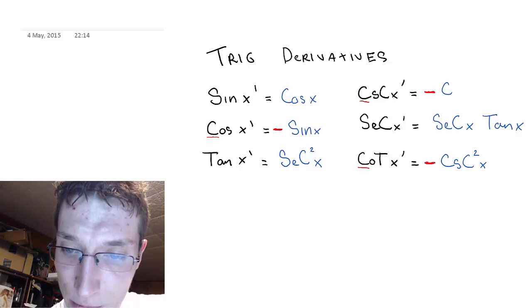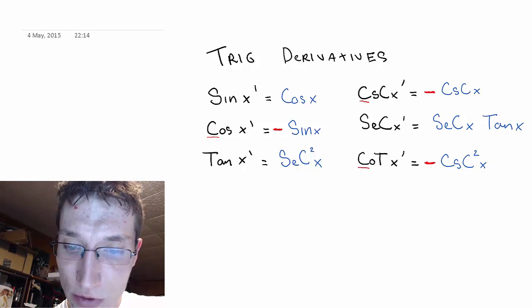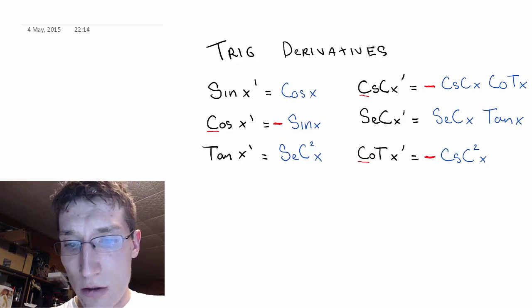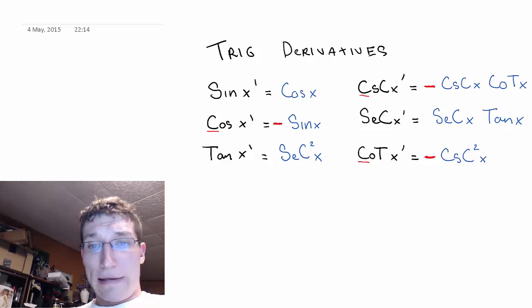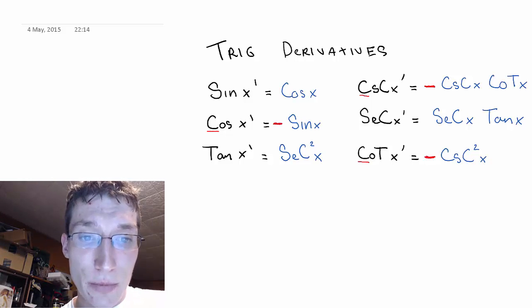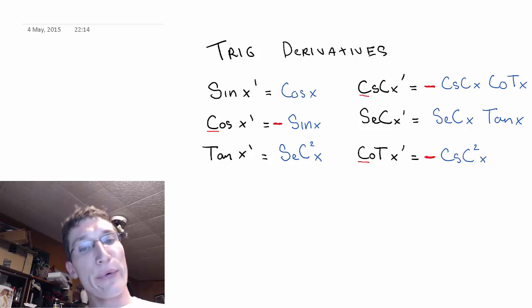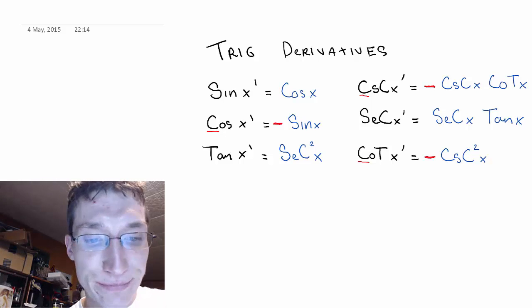We repeat the same, times cotangent this time. So this gives you the basic trig derivatives. It's very easy to remember, and you can replicate this chart pretty much before any test.